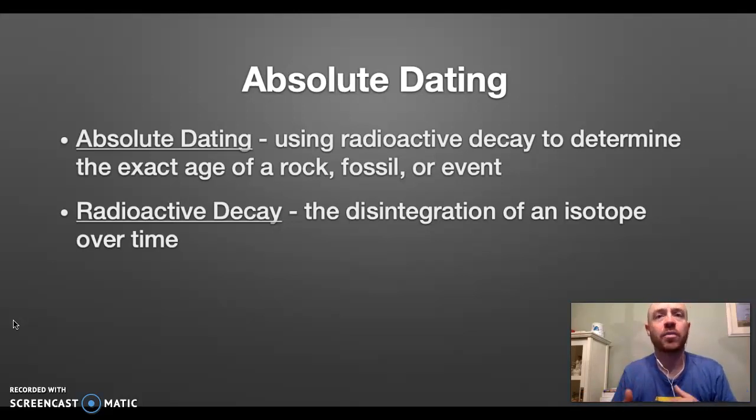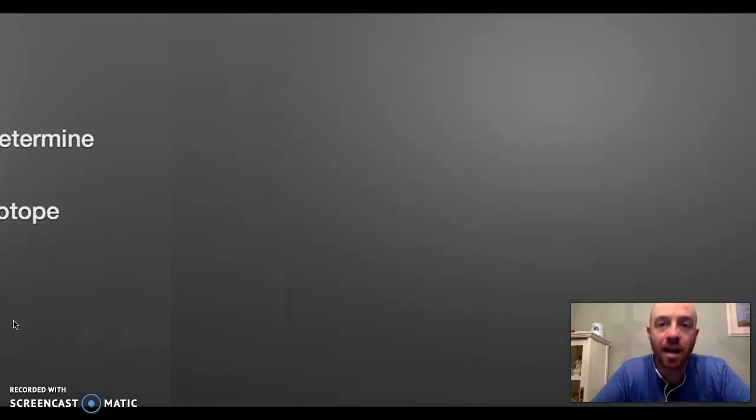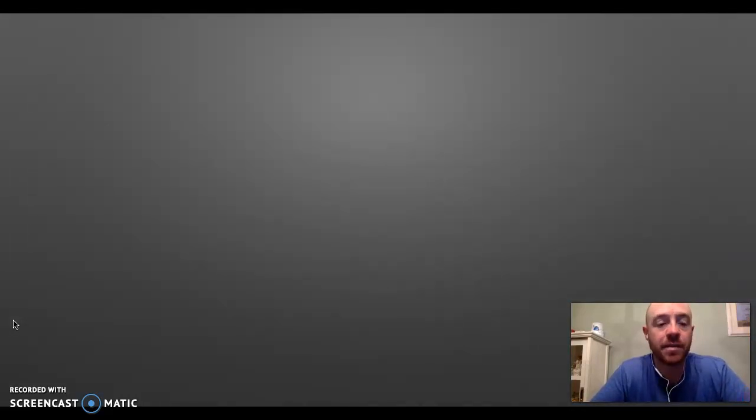Isotopes are when you end up losing a neutron from your inner core. Over time this breaks down, and it's over a set period of time. So sometimes something will radioactively decay every 10 years, or every 10 minutes. Depending upon the amount of time, every specific substance will decay at a specific rate.